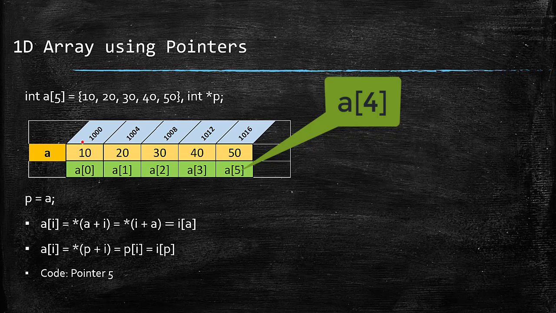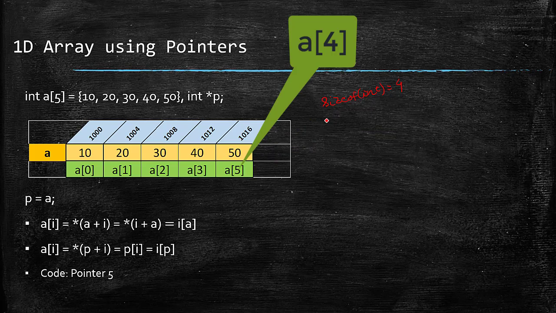Now 1000, 1004, 1008, 1012, 1016 are the starting addresses of each block, considering the integer size is 4. So each block will be of 4 bytes, and the first byte address of the first block will be 1000, then for the second cell it will be 1004, then 1008, 1012, 1016 respectively.